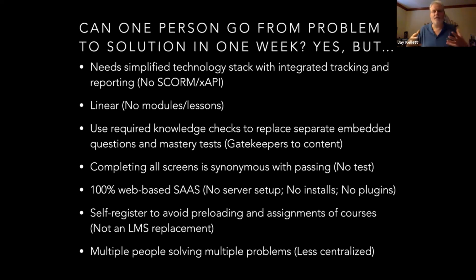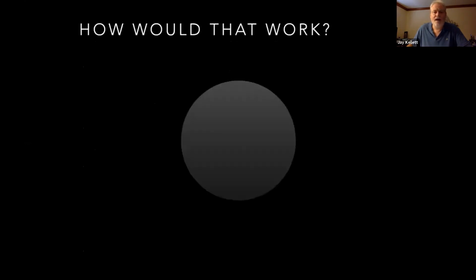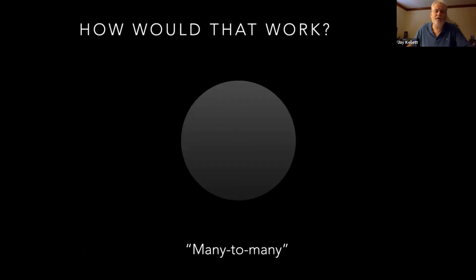Now in this environment that I'm talking about, if people are solving problems, it's not necessarily a top-down hierarchy. It could be multiple people in an organization solving multiple types of problems. Well, then you have another problem, which is how does that work in a less centralized system? And it would kind of work like this, where you can leverage what's called in the database world many-to-many relationships.